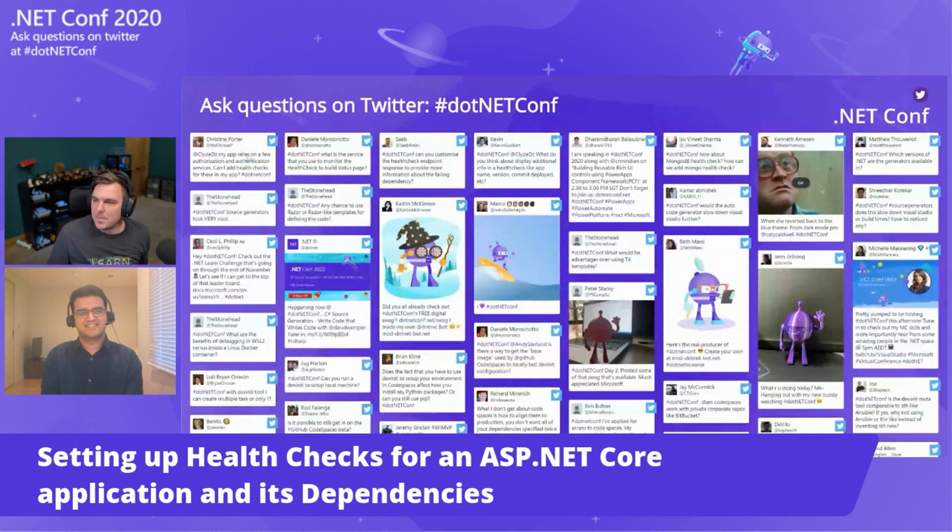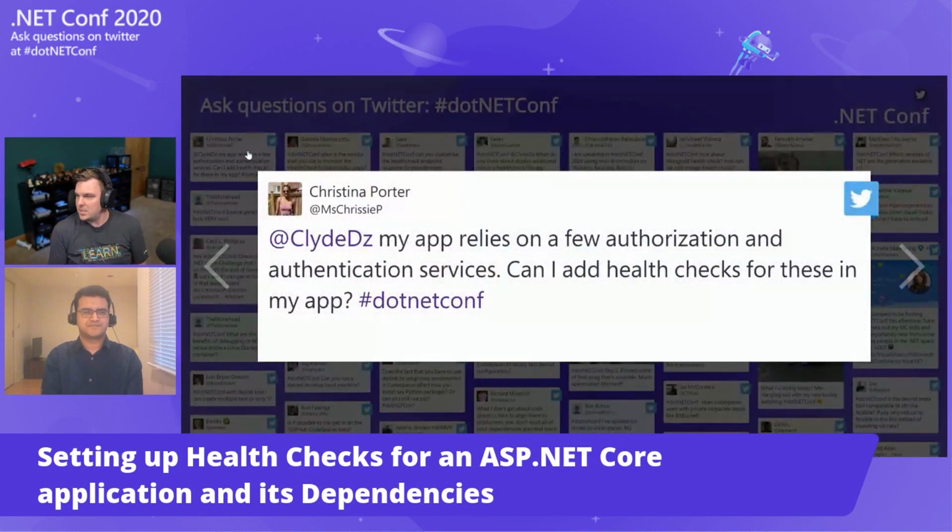Awesome. Another question: the app relies on authorization and authentication services. Can they add health check services for these in their app? Yeah, so that again depends on what service you're using to ping your applications. Some services do offer functionality where you can specify a username and password so that it does the login, the authentication for you.